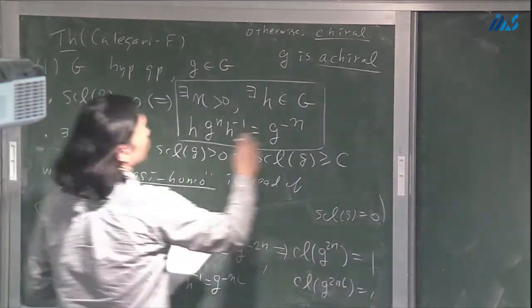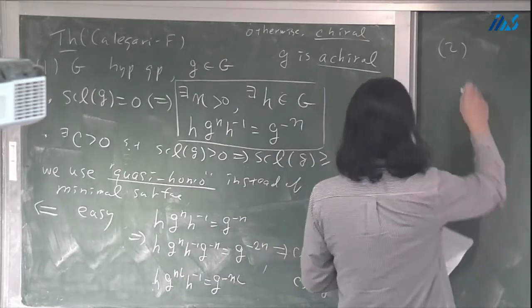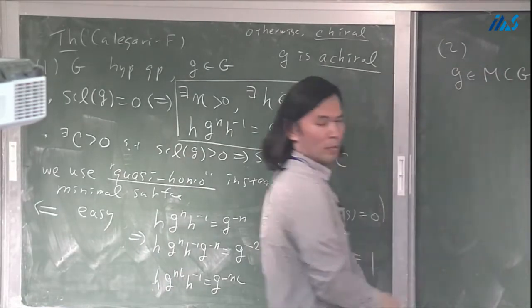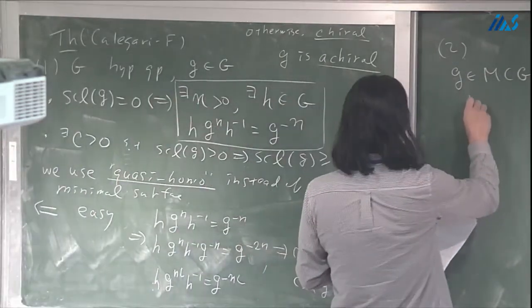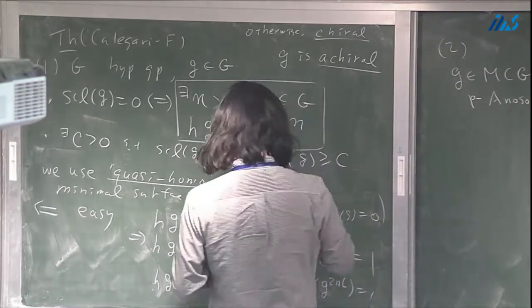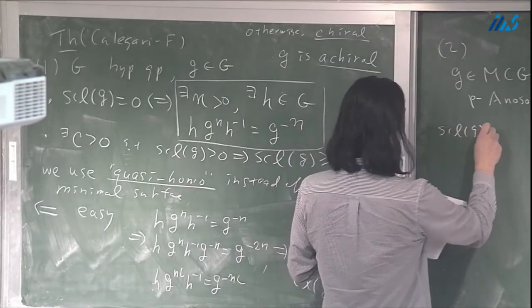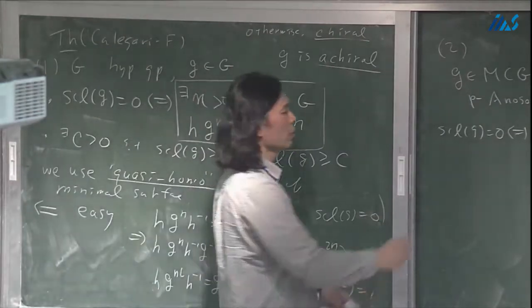So this is 1. And 2, we also proved that if you have an element in the mapping class group of a surface, and I assume this is pseudo-Anosov, then the same conclusion is true. So stable commutator length is 0 if and only if g is achiral.